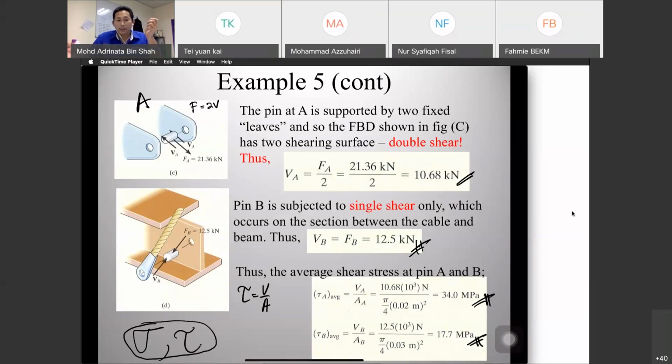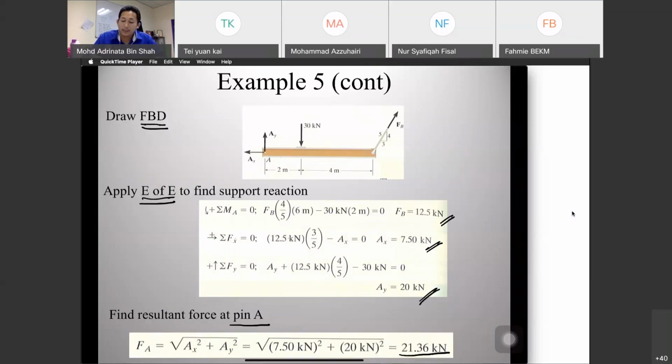We need to study normal stress and shear stress to determine whether our design is suitable, like this one, where we design a component that has a load like that.